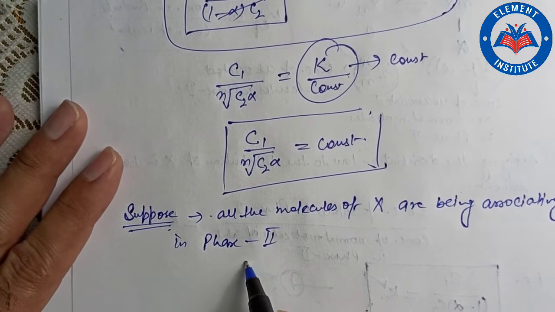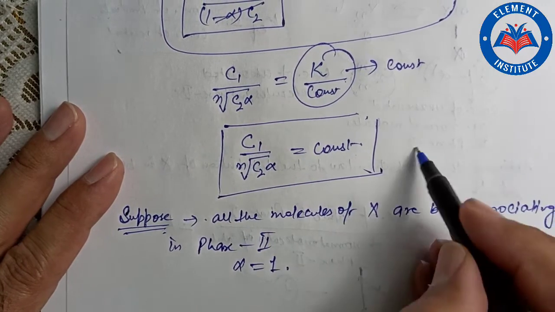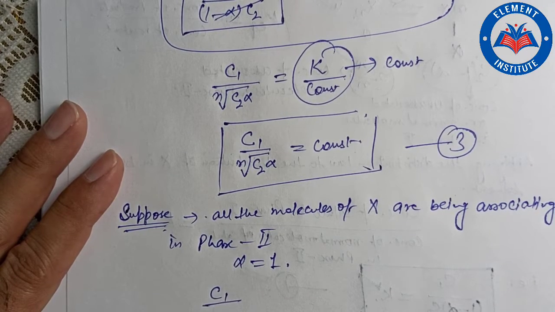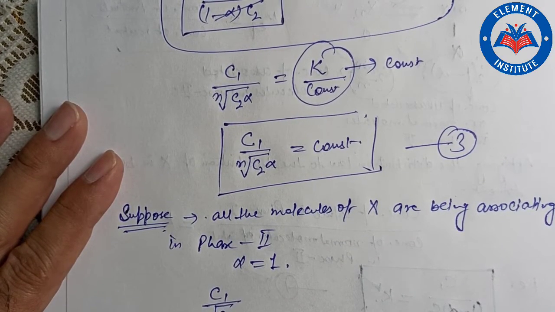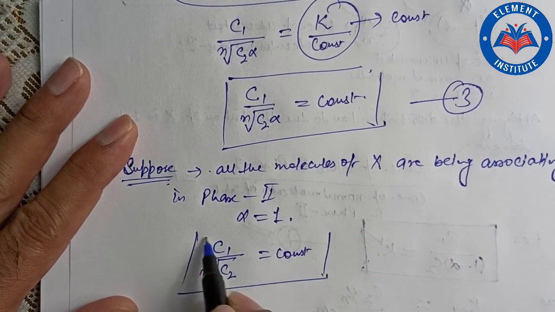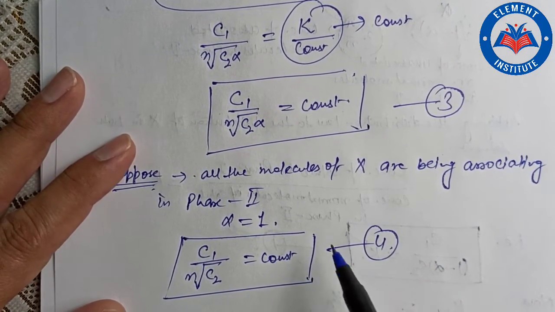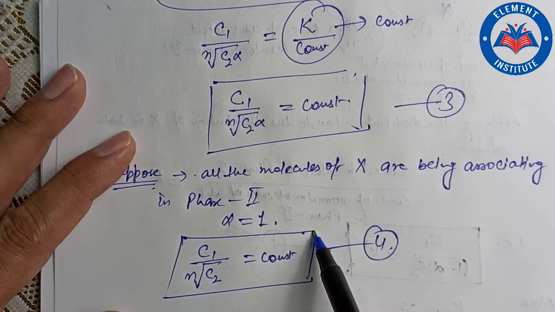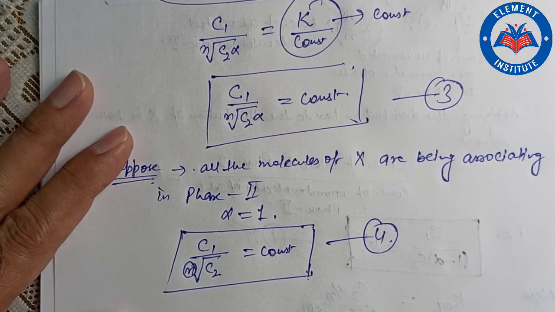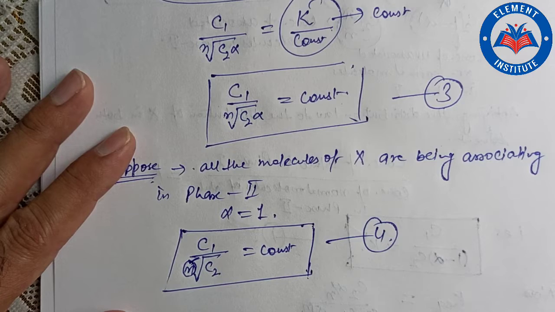In that case, alpha will be equal to 1. Then the equation becomes C1 upon the nth root of C2 is equal to a constant. Let it be equation number 4. This equation number 4 can be used for determining the value of n, that is, the extent of association of the molecules.